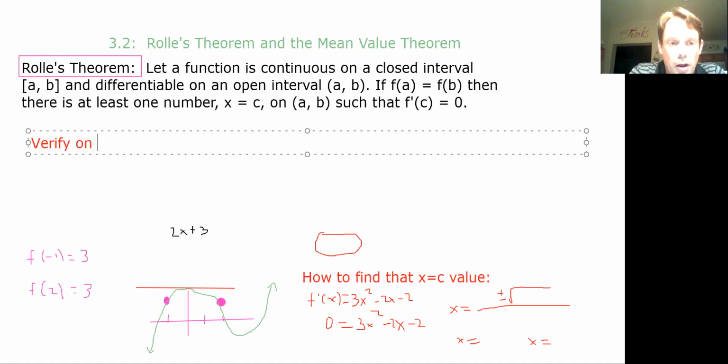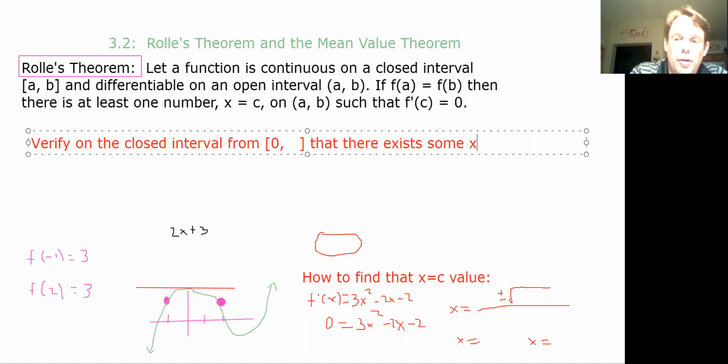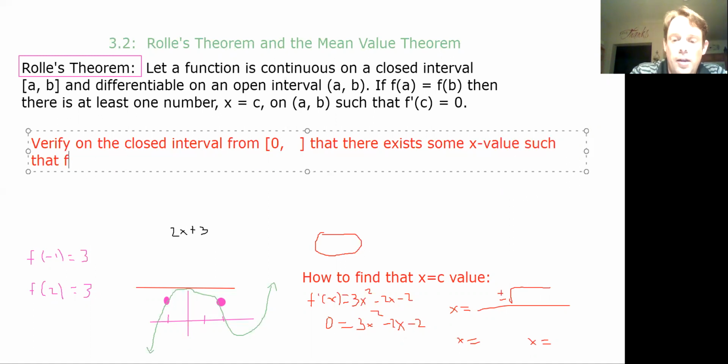Verify on the closed interval from 0 to, let's say, pi, that there exists some x value such that f prime of x equals 0, given, and then I've got to give you the function. So here's what our domain is. It's going to be from 0 to pi.